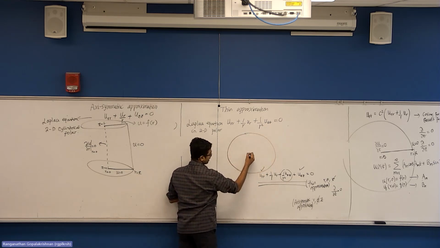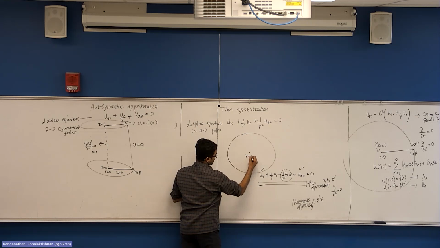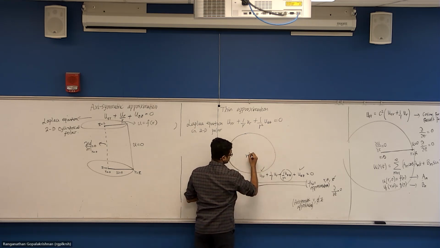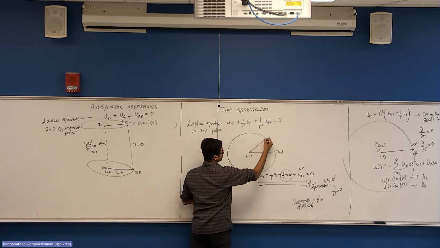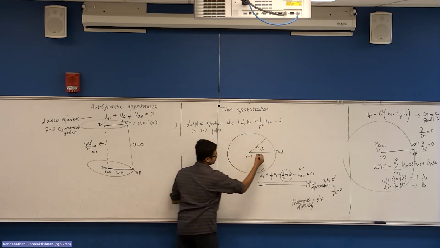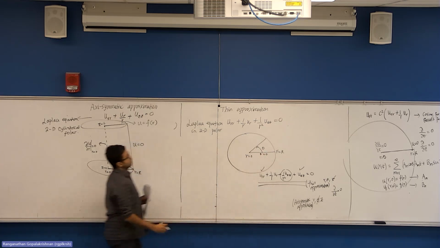If we are considering the entire circle, starting at r equal to 0 to r equal to R, and the angle is measured from a reference direction.